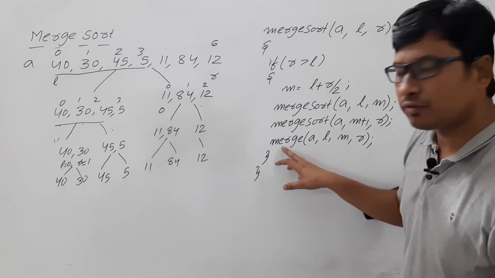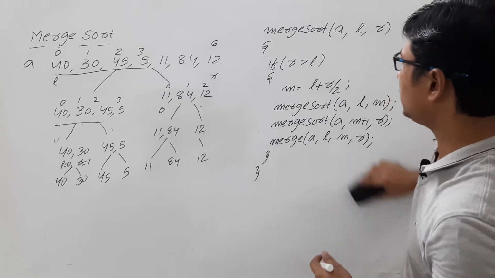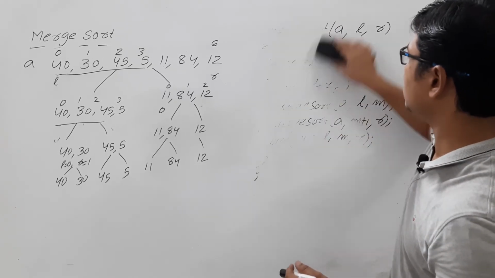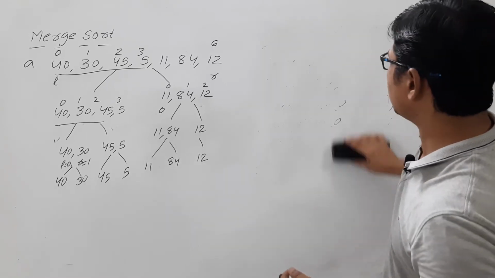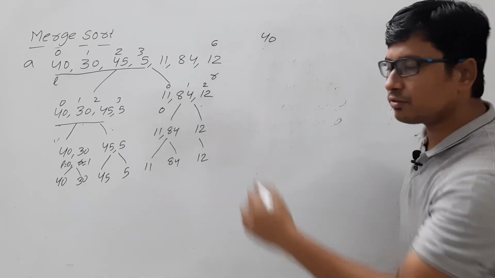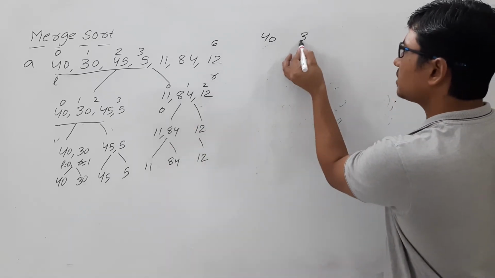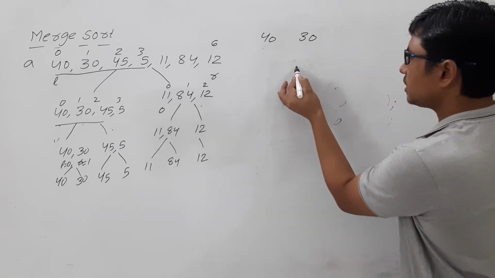Now we have to perform the merge A, L, M, R. Now how it will be performed, I will discuss here. Let me take the 40 here. I am doing the reverse process here, 40 and 30. Now how will we perform the merging? These are the two elements.